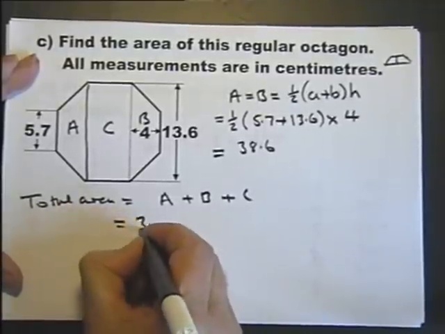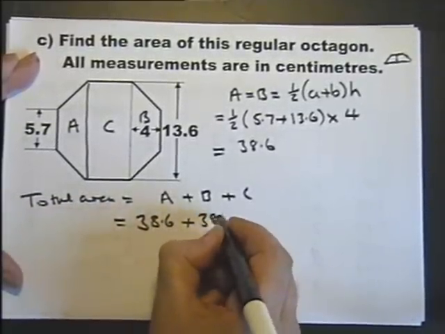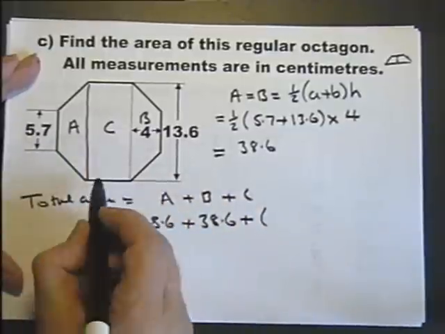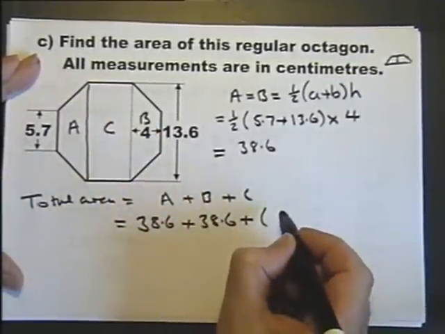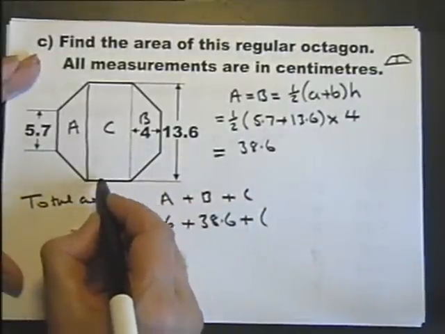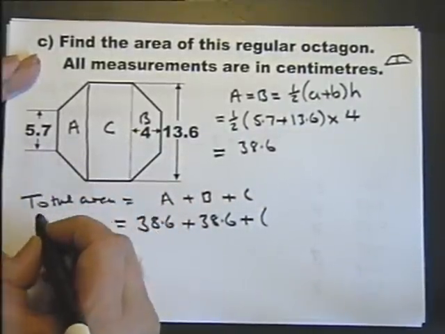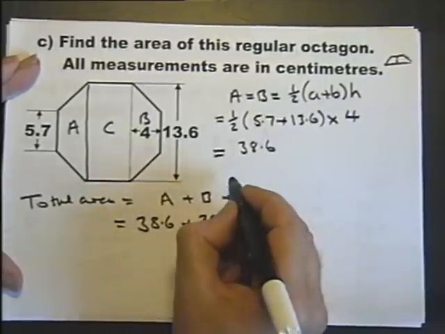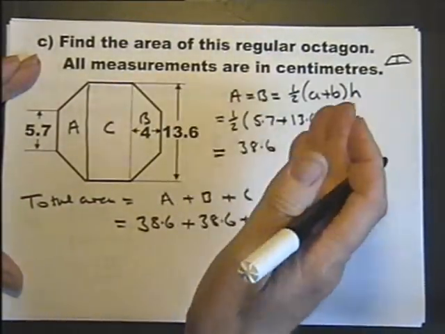So that's A, that's B, and C is a rectangle, which is that times that. I don't know what that is, do I? So I need to work that out. I'll squeeze it in here, and this is in fact how I could do it in the middle of an exam.